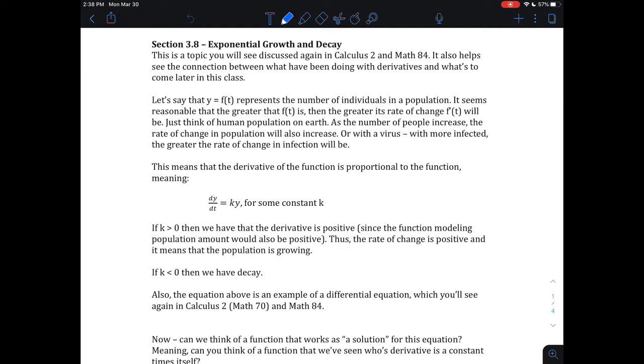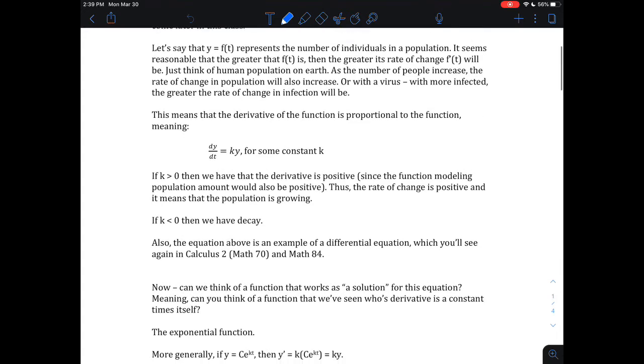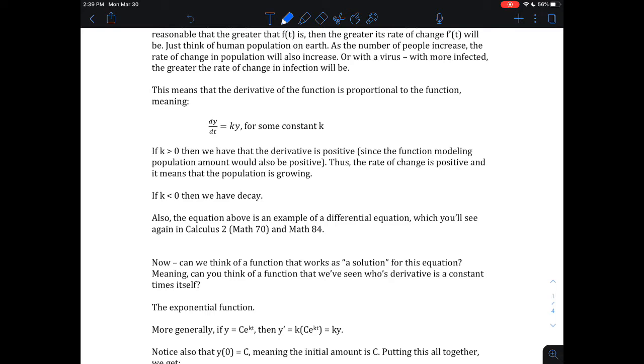So what this means is that the derivative of the function f of t is proportional to the original function itself, which means dy/dt, the derivative of y with respect to t, is equal to k times y, where k is the constant of proportionality and k is just some constant. If we have that k is greater than 0, meaning k is positive, then the derivative is also positive.